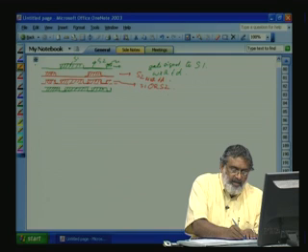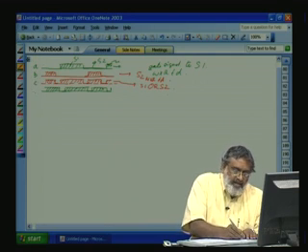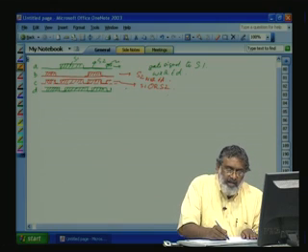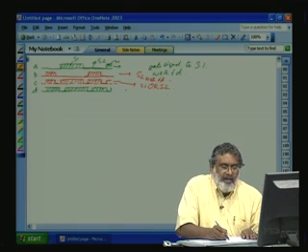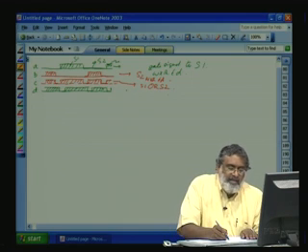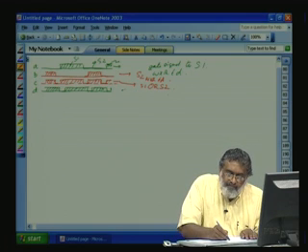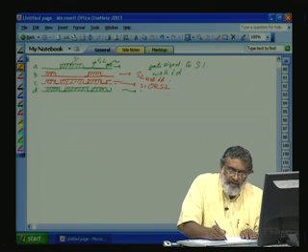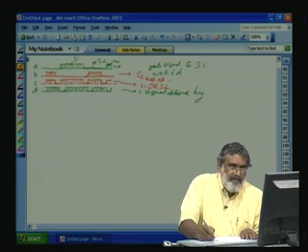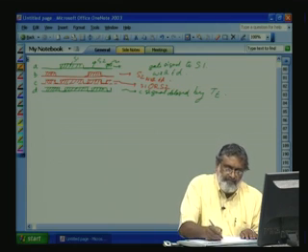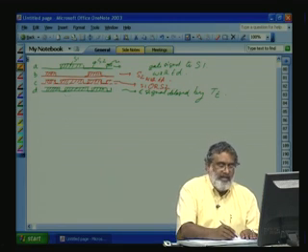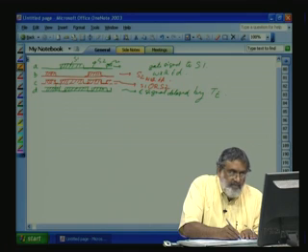So let us say this is A, this is B, this is C, this is D. So D is the C signal delayed by TD. The top signal is delayed by TD here. That means this is the one, TD.